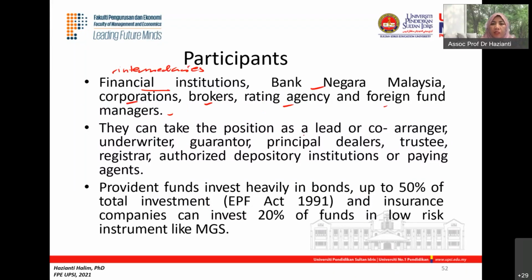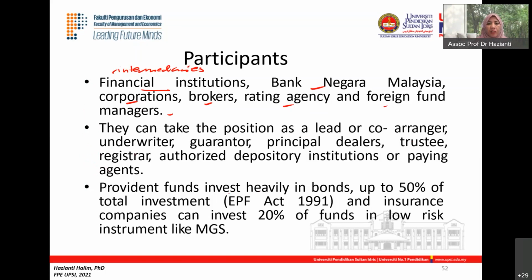They can take the position of lead or co-arranger, underwriter, guarantor, or principal dealer. The concept is quite similar to the issuance of common stock. They have these institutions as participants to make sure that the bond issuance is successful.